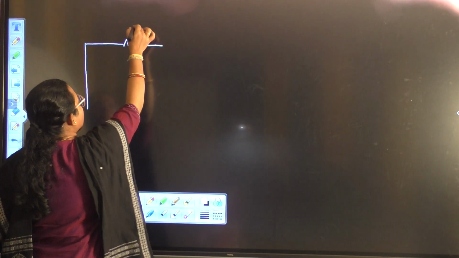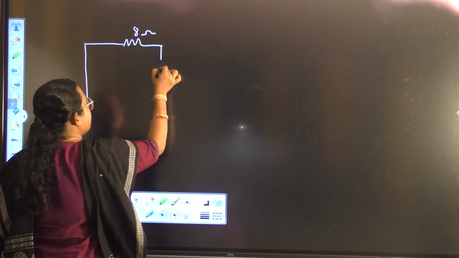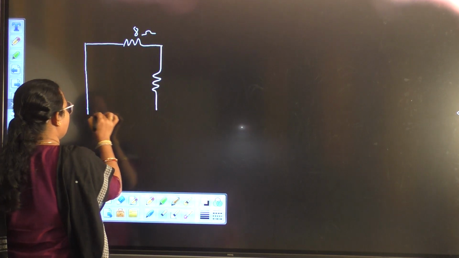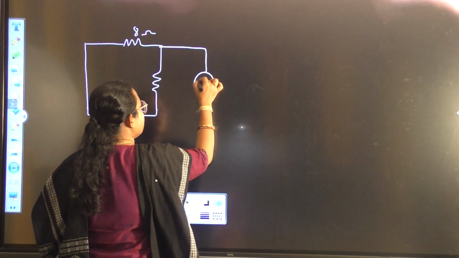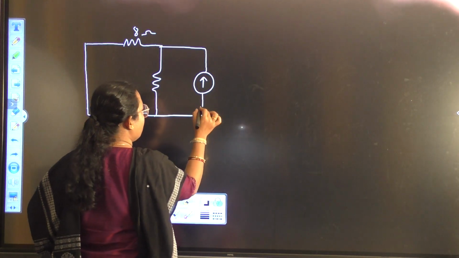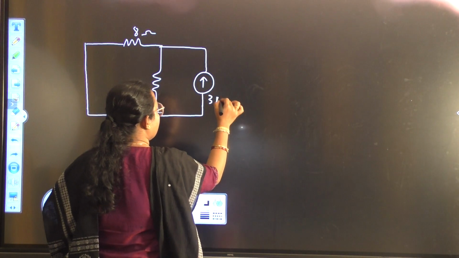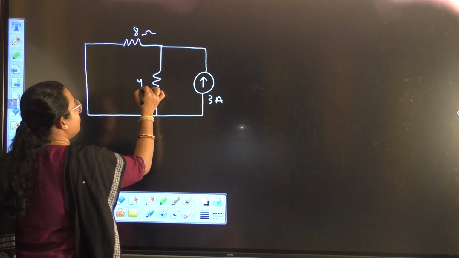So the 6 volt source is now short circuited. This is 8 ohm. This one is 4 ohm. And I am considering the 3 ampere current source alone. This is 4 ohm.